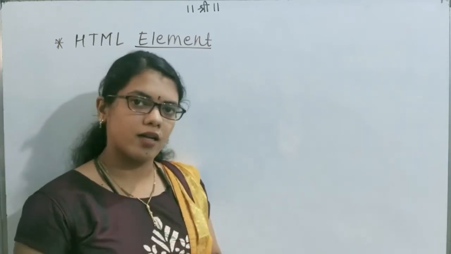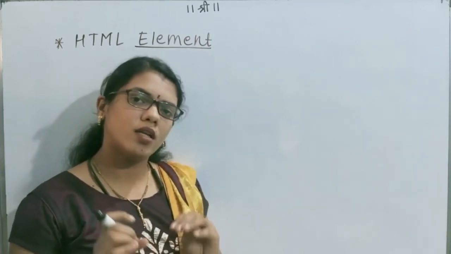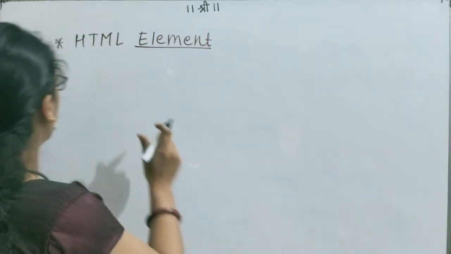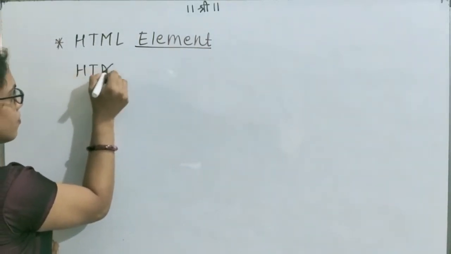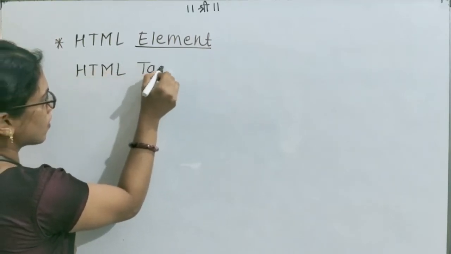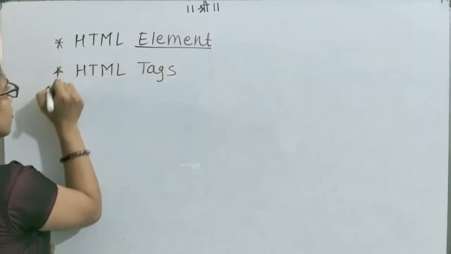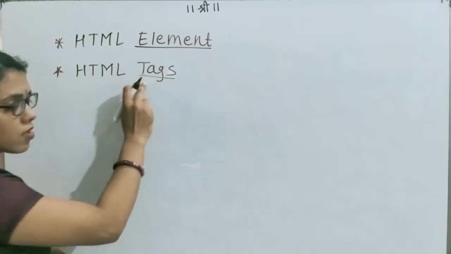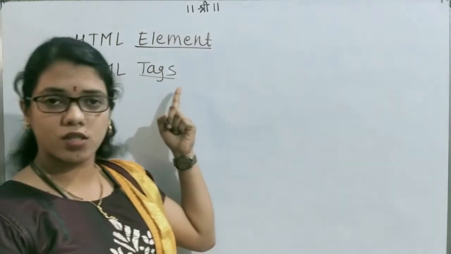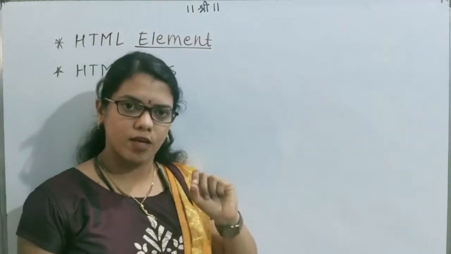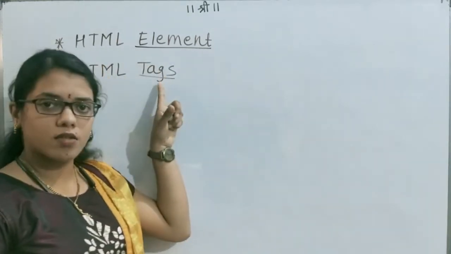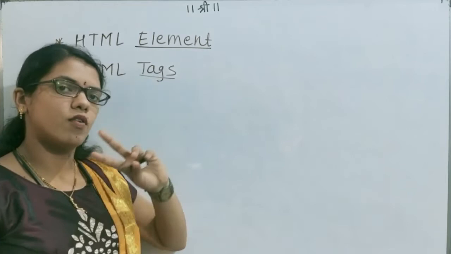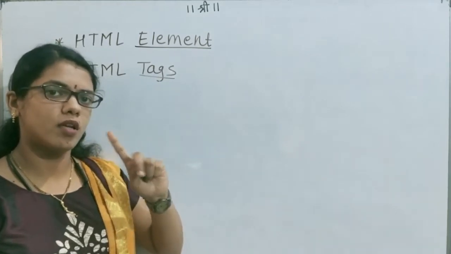But to add element content into any website, first we have to study some HTML tags. The main concept is tags. If the question is asked, explain HTML tags, it is asked for 3 marks. 2 marks for explanation and 1 mark is for example.